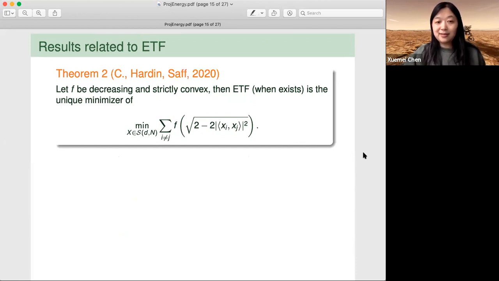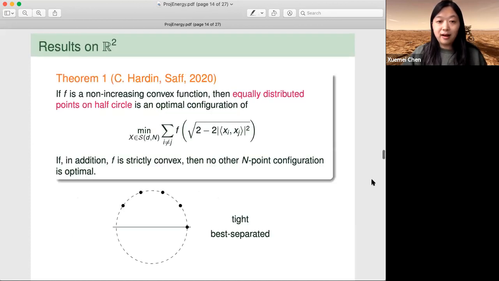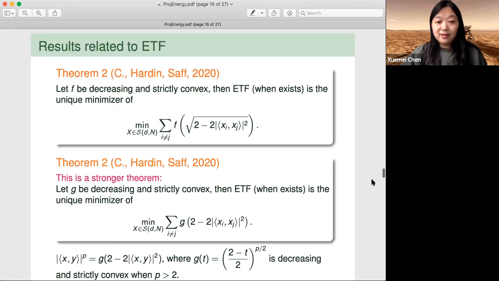So this is the second theorem here, but if you remember, going back, that theorem does not cover the P frame potential, because this function right here is not convex. So then we do have a stronger theorem.